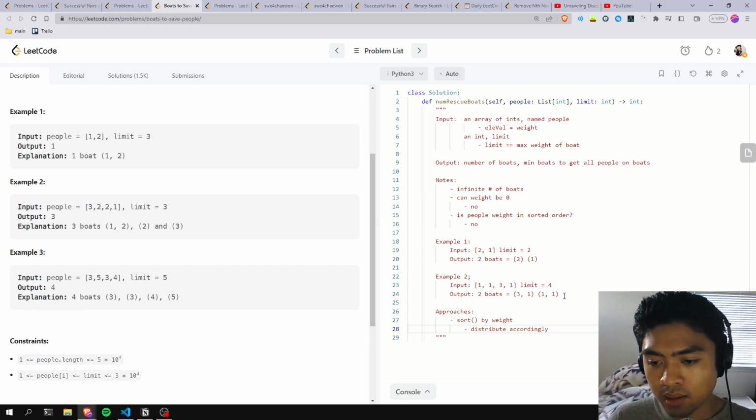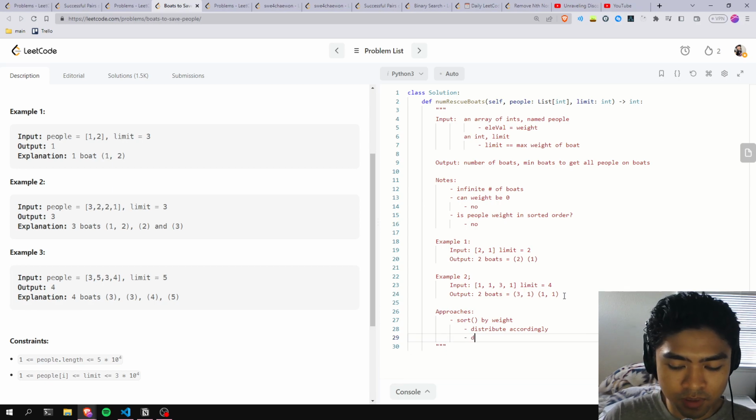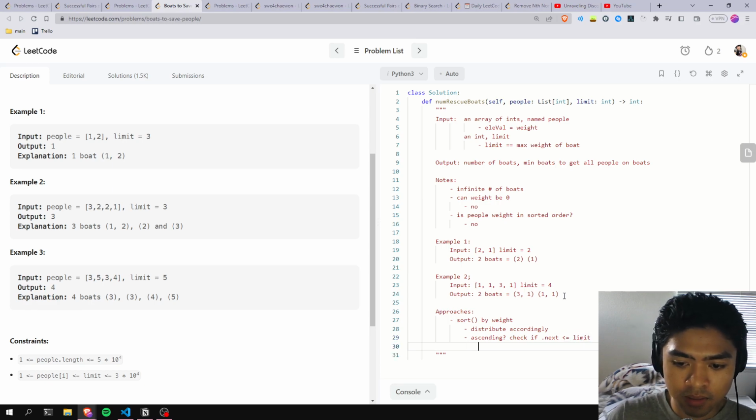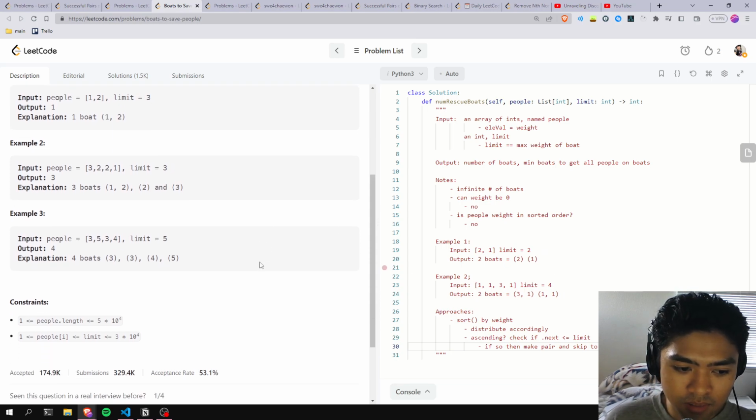Maybe starting from descending, or no, ascending, and then check if the next one is less than or equal to the limit, right? And if so, make a pair and skip to the next pair. Something like that. I'm not sure how that will work.